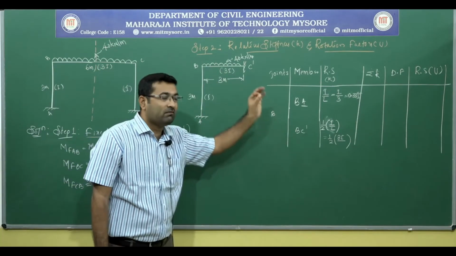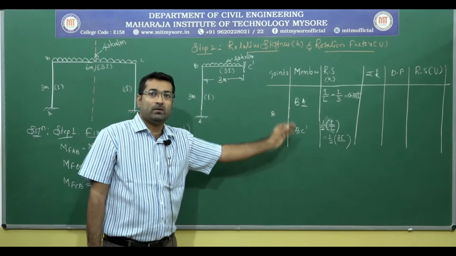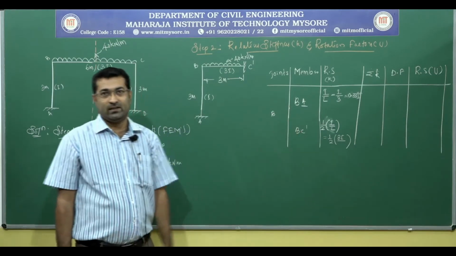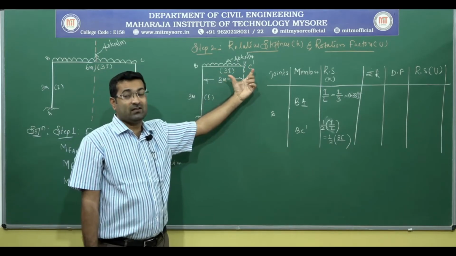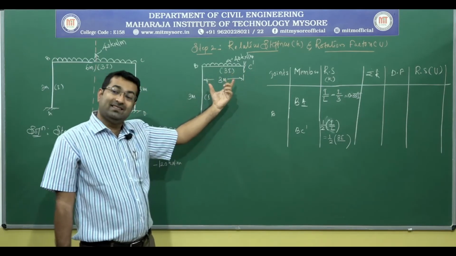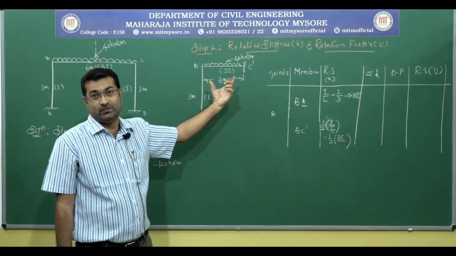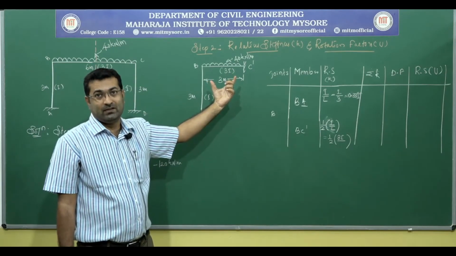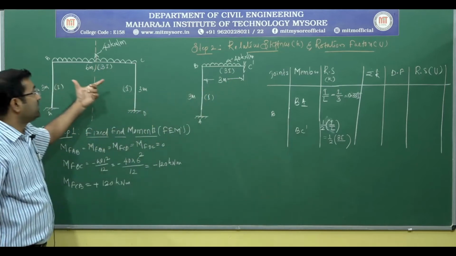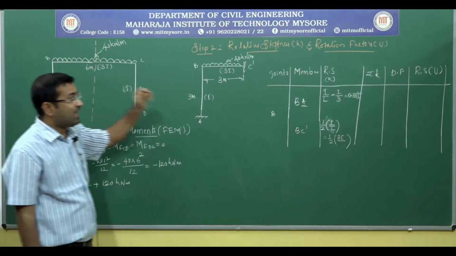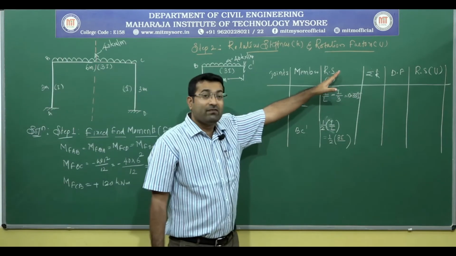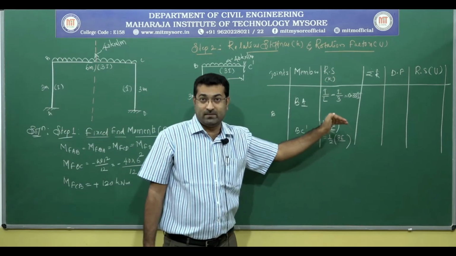This is the point where the majority of people make the mistake. As I said, I am considering only the half part for the calculation, so they will take this as the length. No, that's wrong. I have to take the original length of the member. Why? Because I am taking half of the relative stiffness.